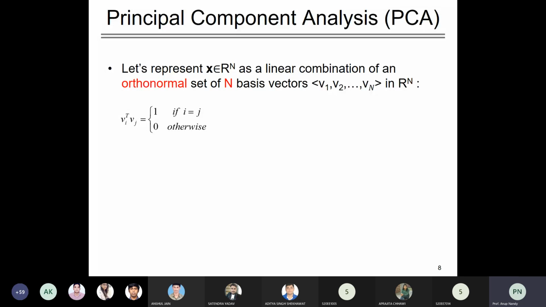There are n features x1 to xn, and you have the covariance matrix sigma of size n cross n. You have to find the eigenvalues of sigma, and let them be lambda1 greater than or equal to lambda2 greater than or equal to ... lambda n greater than 0. Now let ai be the eigenvector corresponding to lambda i. Here we are going to have the basis vectors, represented by vi transpose into vj. Now we are considering two cases.